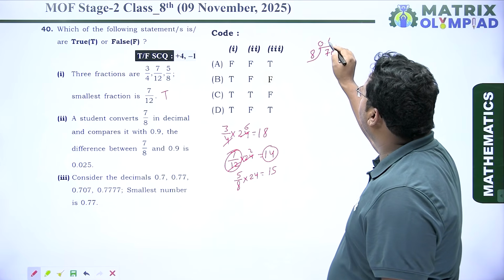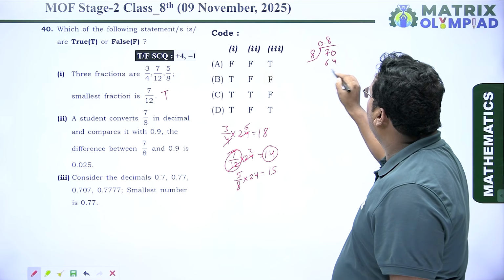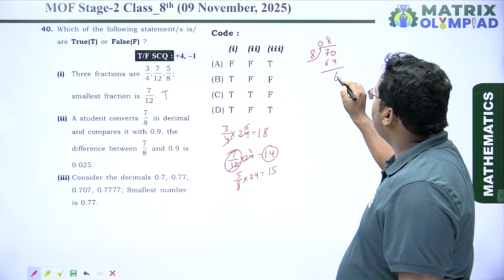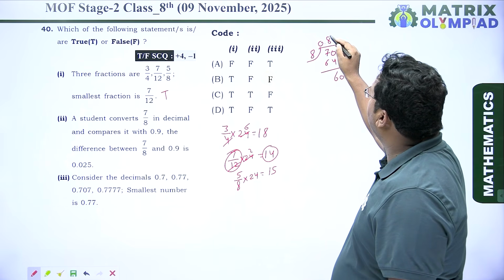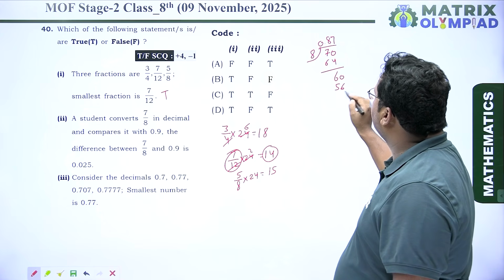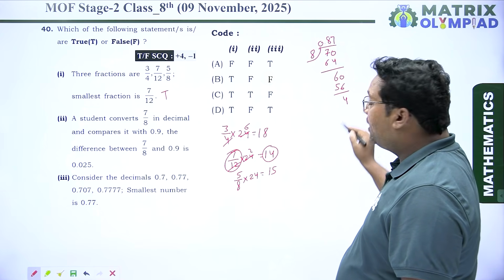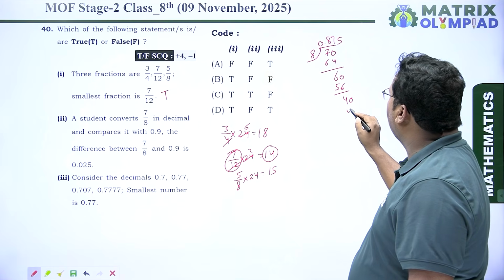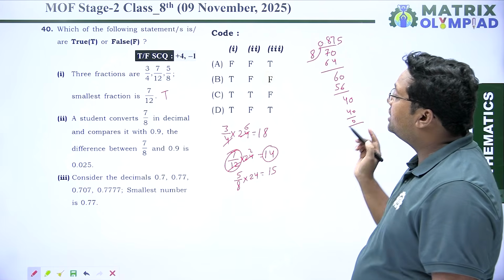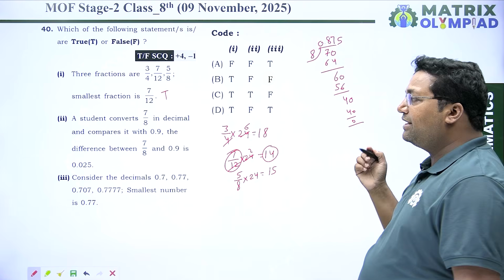So 8 8s are 64 and 70 minus 64 is 6. Now we put 0 and 8 7s are 56. 60 minus 56 is 4. Again we put 0 and 8 5s are 40. So the remainder is 0. So 7 by 8 is 0.875.